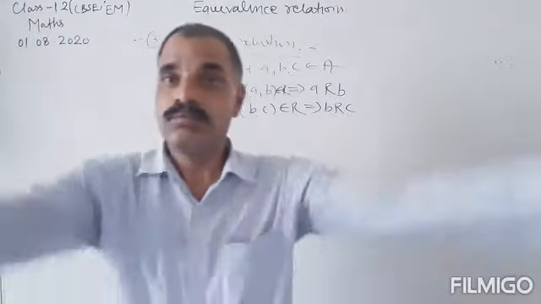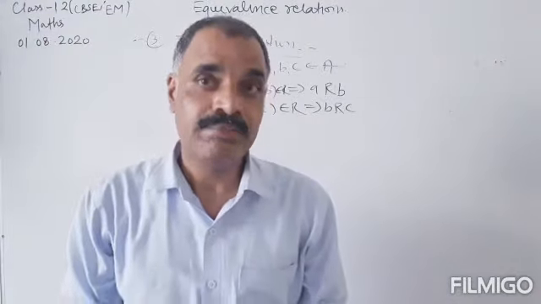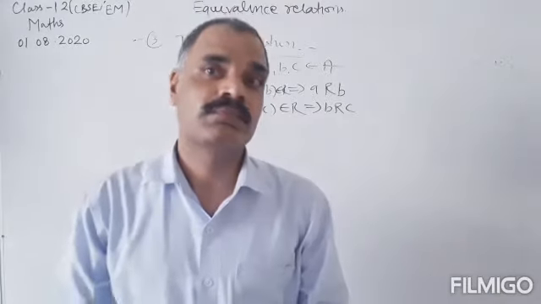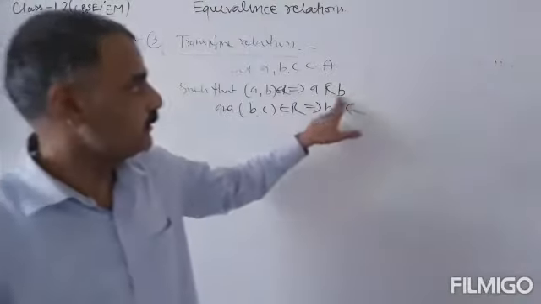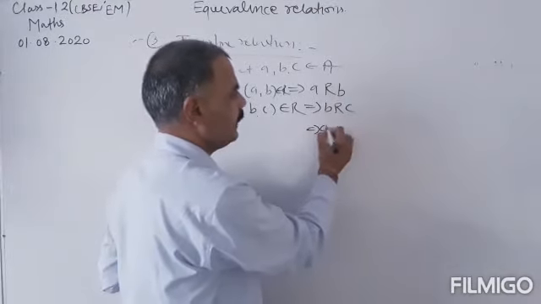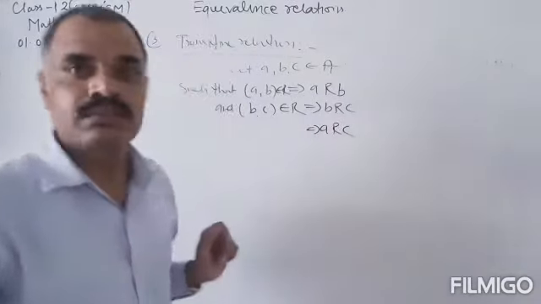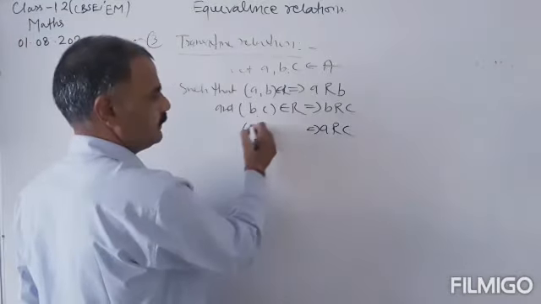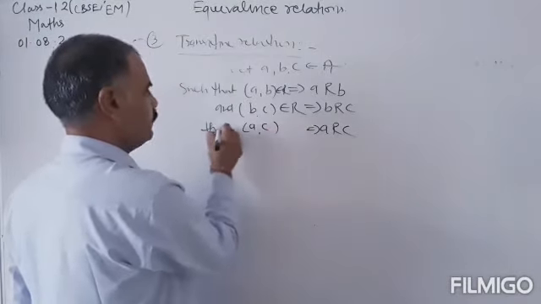Now if we are able to prove that a is also related to c, then (a, c) belongs to R.